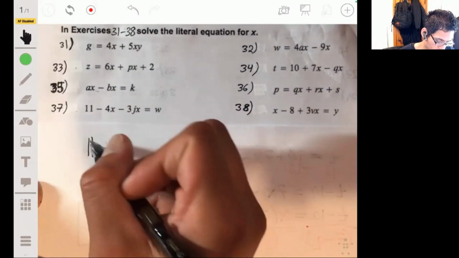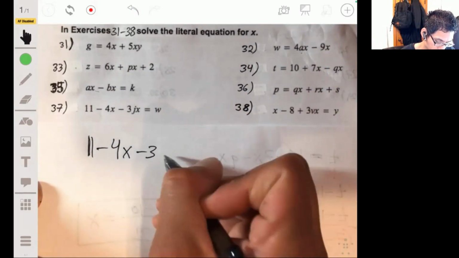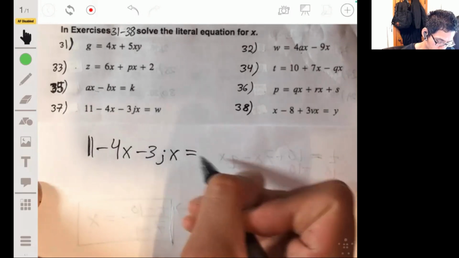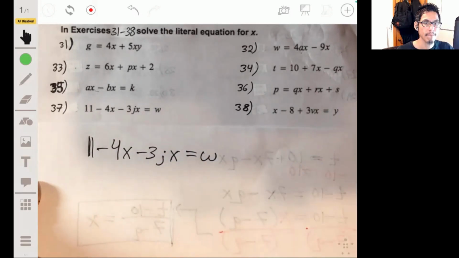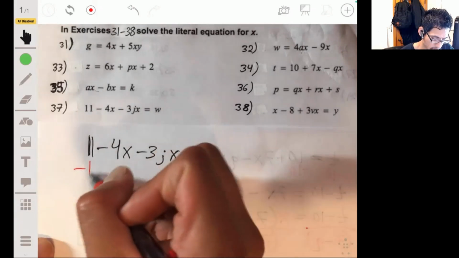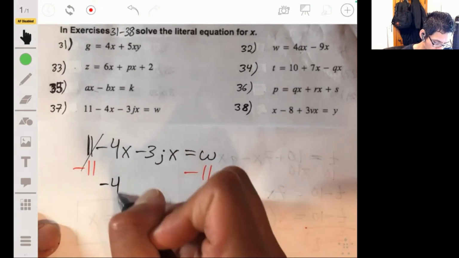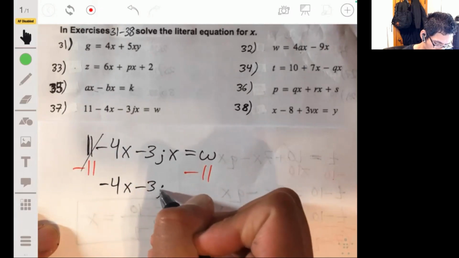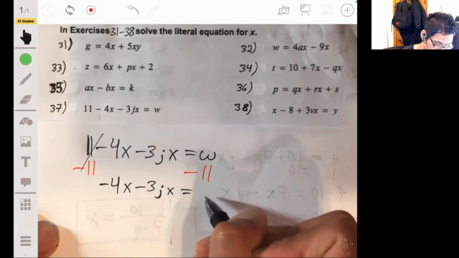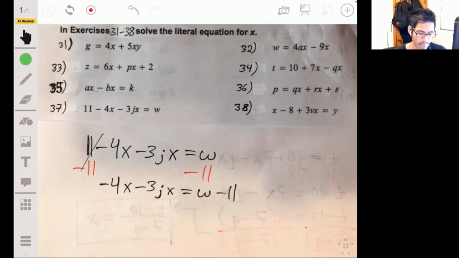11 minus 4x minus 3jx equals w. Take away 11 from both sides. Negative 4x minus 3jx equals w minus 11.